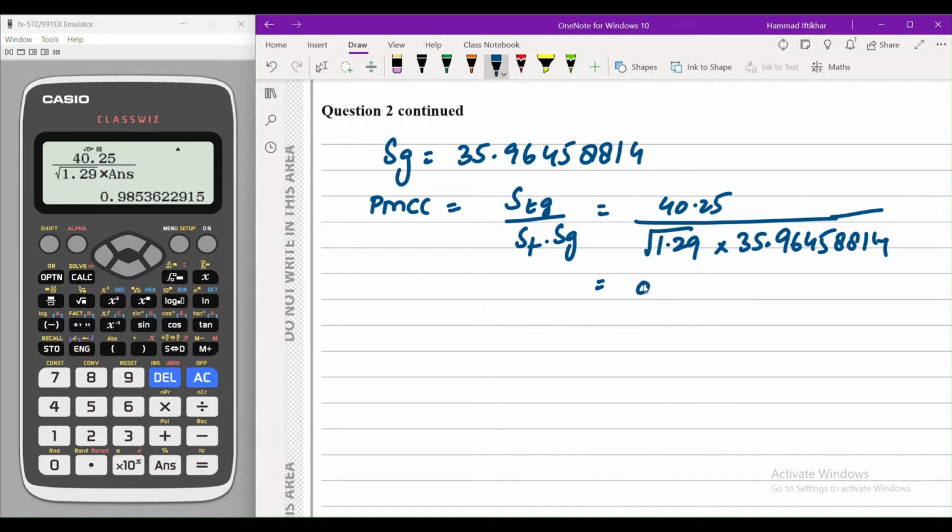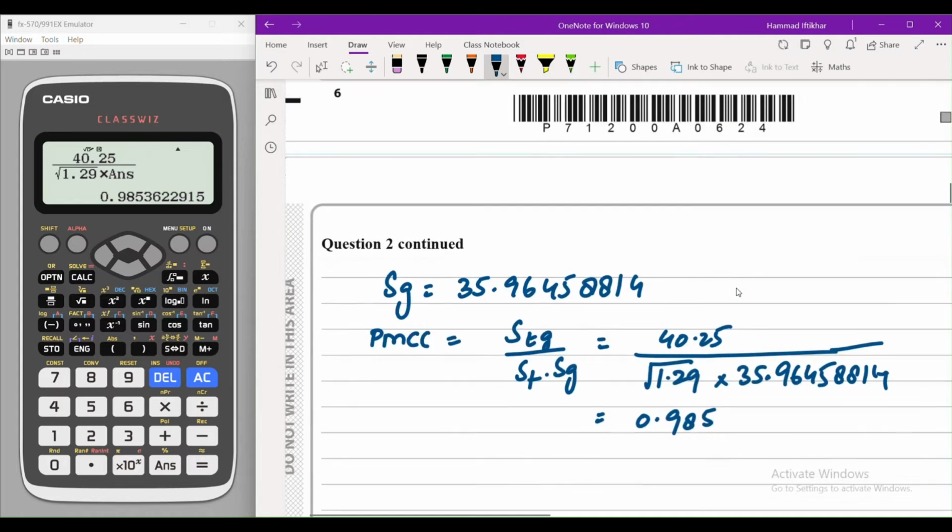So this is coming out to be 0.985. That is our PMCC.